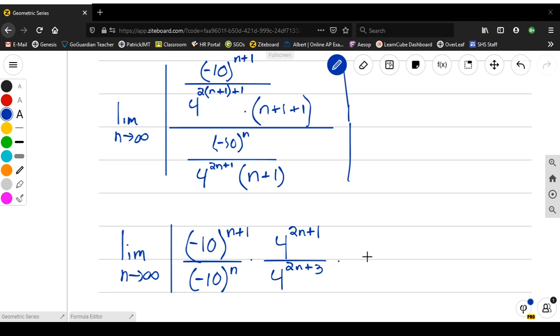And then we're going to have n plus 1 over n plus 2.